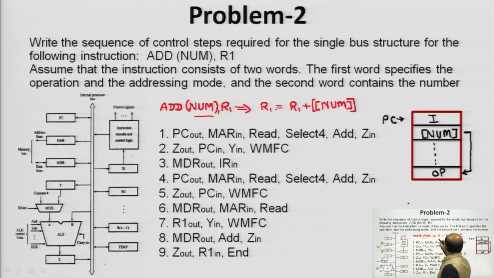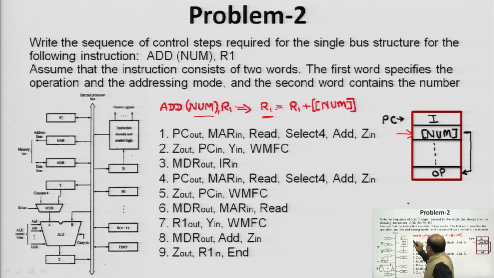So, this is the operation add address of num comma R1, and after performing this operation the result value will be stored back in R1. Now, we have to do the fetch operation 2 times in this case. First, the fetch of this particular address where we can get the address of the second operand.